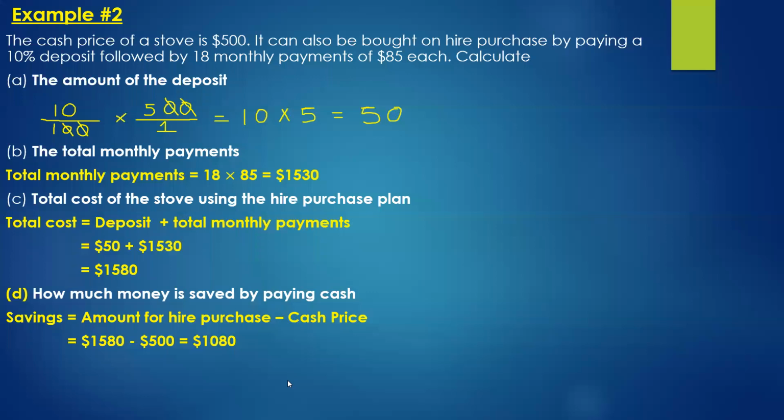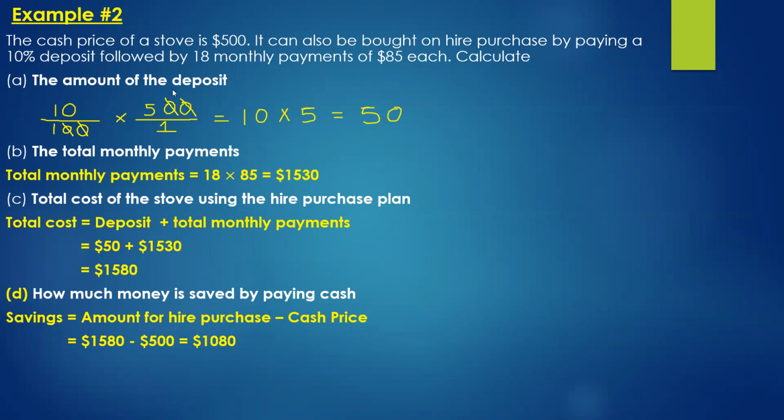Example 2 says the cash price of a stove is $500. It can also be bought on hire purchase by paying a 10% deposit followed by 18 monthly payments of $85 each. It says calculate the amount of the deposit.